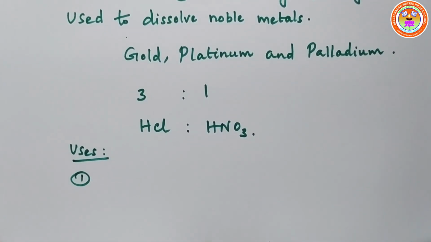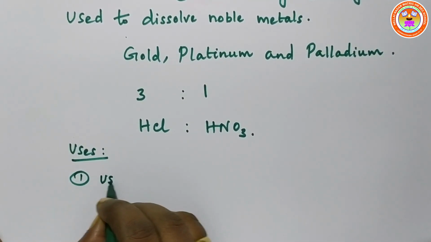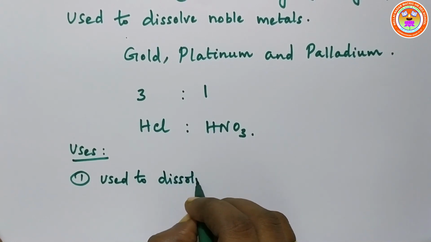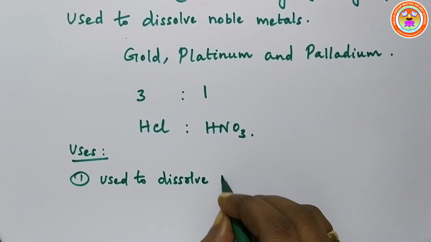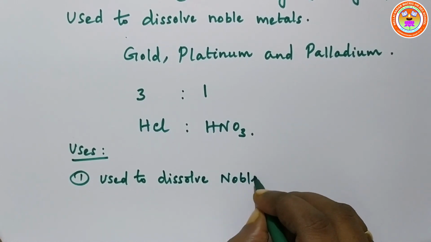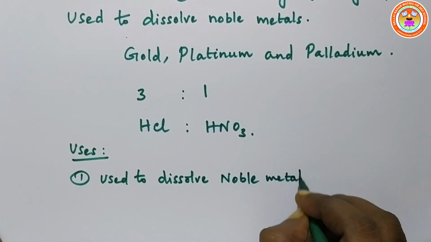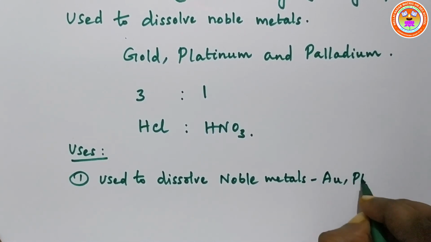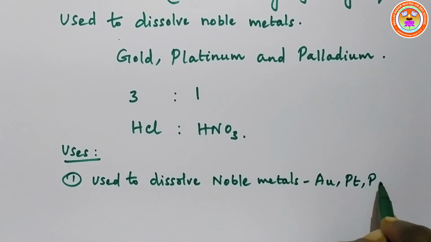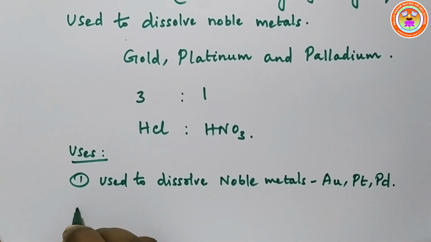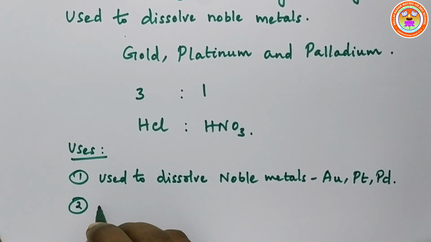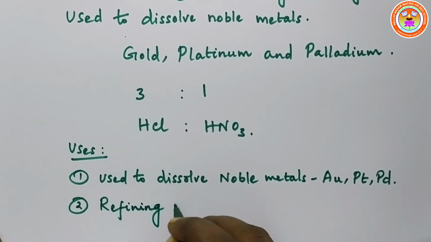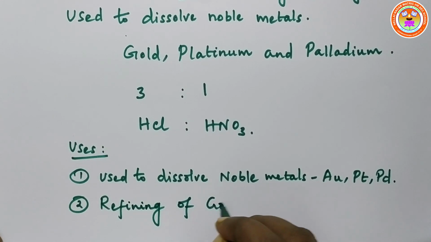Mainly it is used to dissolve noble metals like gold, platinum and also palladium. Okay. Then it is mainly used in the refining of the metal gold.